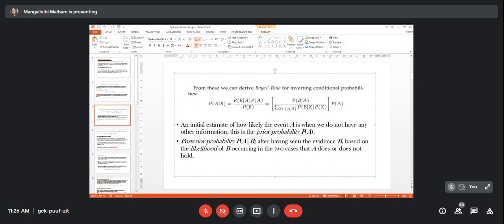Here the evidence B has already occurred and we know this evidence. Based on this evidence, A may occur or A may not occur. This kind of probability is posterior probability, and prior probability is where we don't have any other information and we are just finding an initial estimate of how likely the event A may occur.